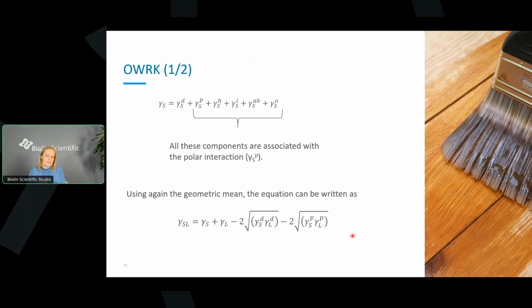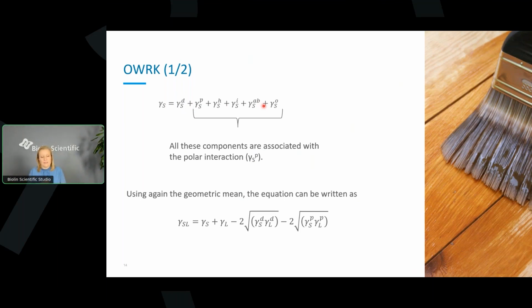The surface free energy of a solid is, as I already showed, a sum of all these different types of interactions, but they have decided that there is a dispersive component, and then all the other interactions can be put together into polar interactions.